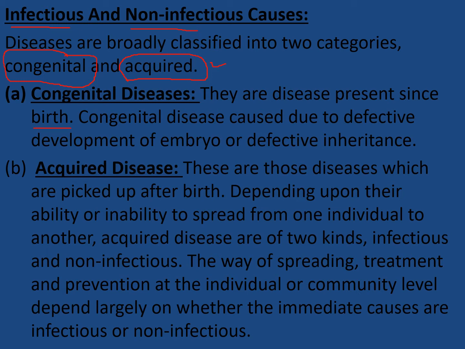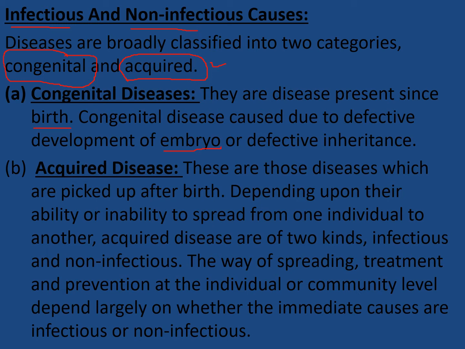That is, during the formation of the embryo there is some mistake, and because of that this congenital disease will be caused. Or it is due to a defect in inheritance, that is, a defect in the transfer of genes from our forefathers. These are known as congenital diseases.